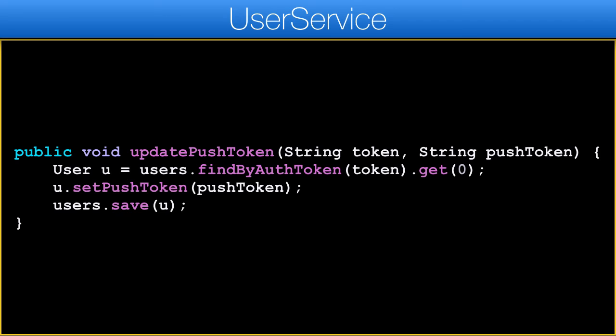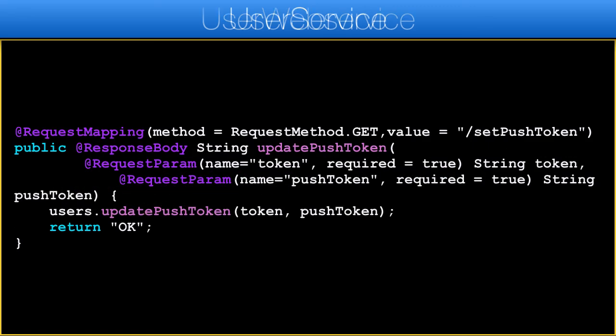Push is re-registered in every launch and refreshed, so there's no reason to update the entire object for that. The UserWebservice class needs to mirror these changes, obviously. There isn't much here. We just added a new setPushToken URL, and we accept this update.